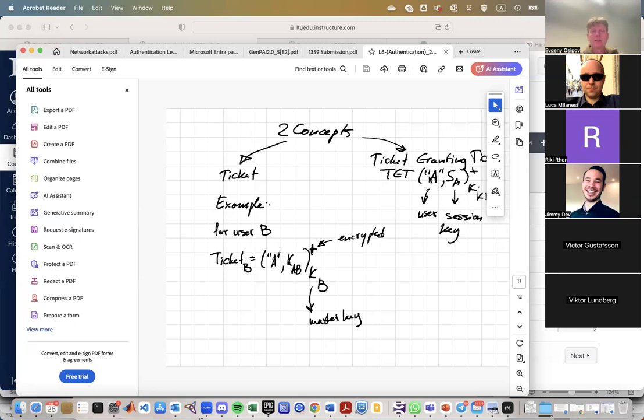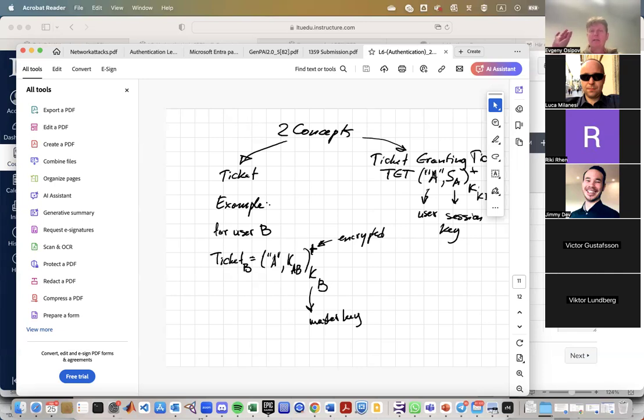So this is a construct created by the KDC itself for its own usage. And this is crucial. It is encrypted with a key of KDC, which is not known to anybody but KDC.